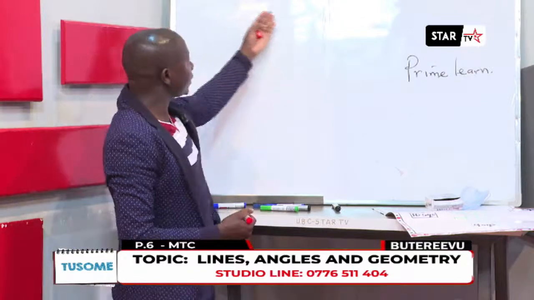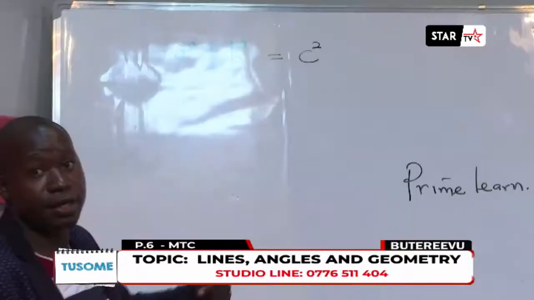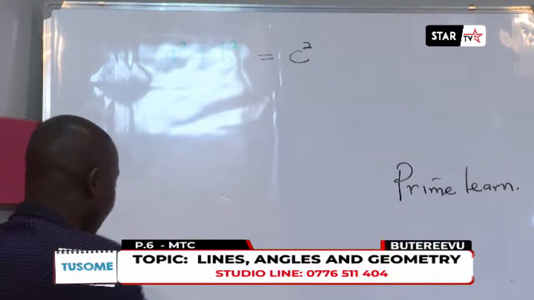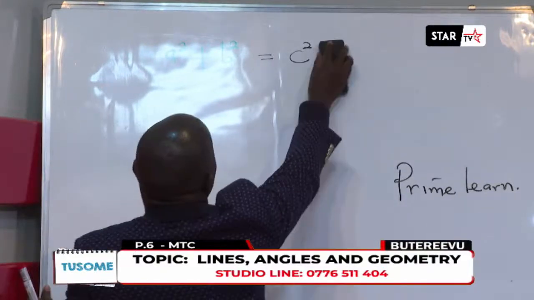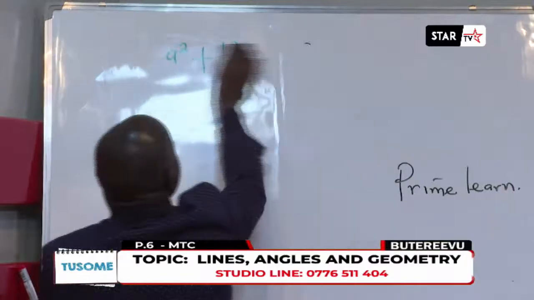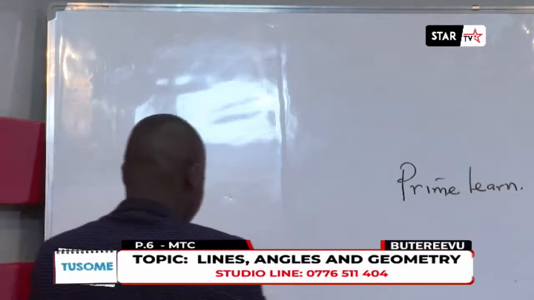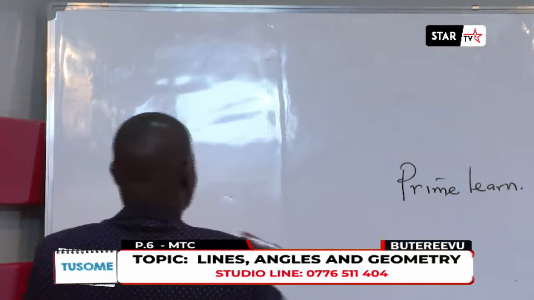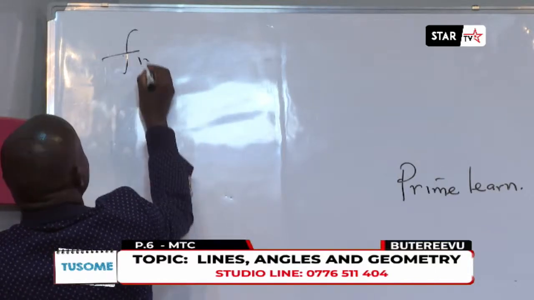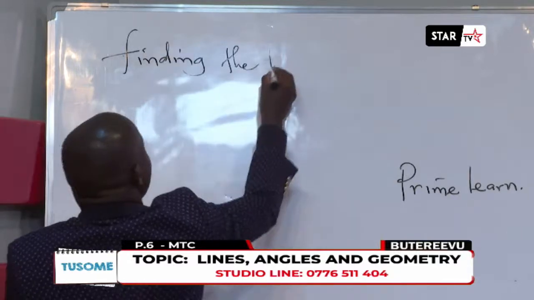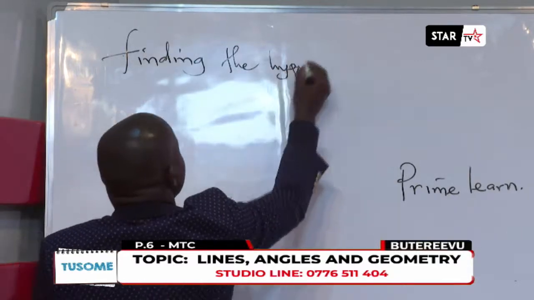We want to look at the examples of how we find the hypotenuse. And right below this, write what we say, finding the hypotenuse.